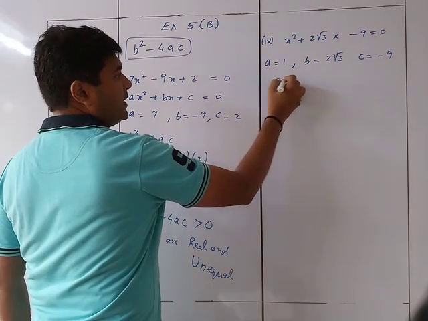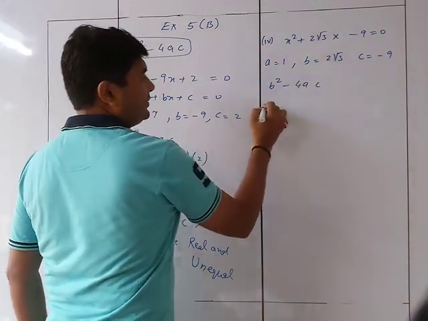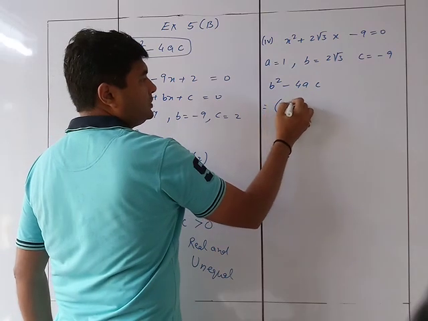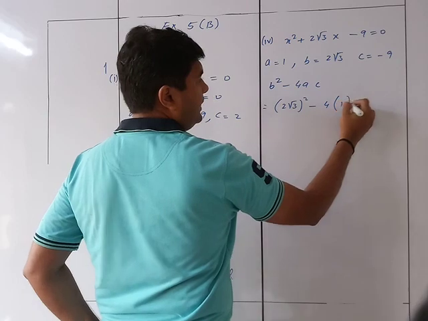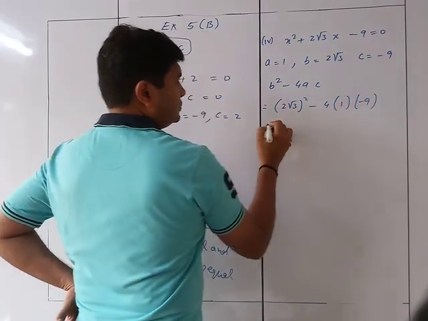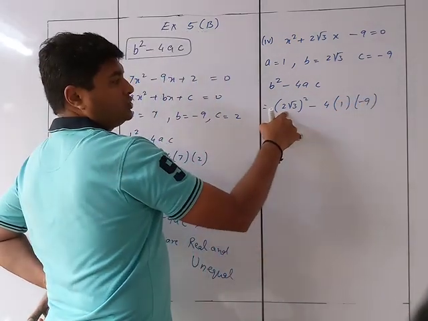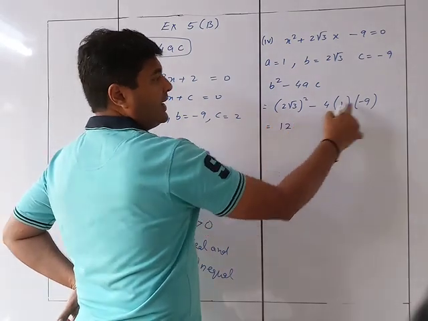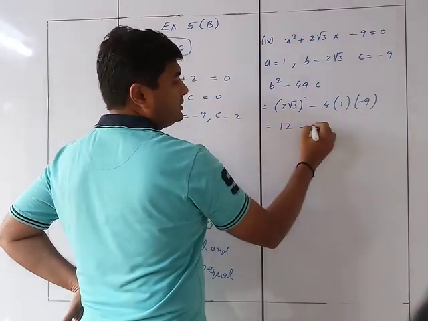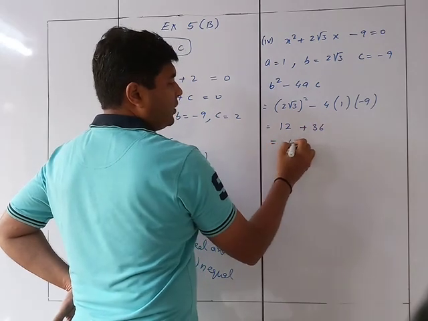So b square minus 4ac is equal to 2 root 3 the whole square minus 4 into 1 into minus 9. So 2 square is 4, root 3 square is 3, 4 threes are 12, so it is 12, and minus minus plus 9 fours are 36. So that gives me 48.